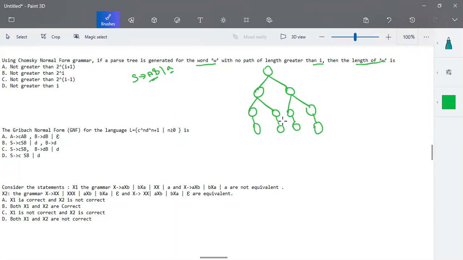Here all the paths are of equal length. When I take this path, the length of this path is 3. The length of the path means the number of edges connected. So the length of the path is 3.